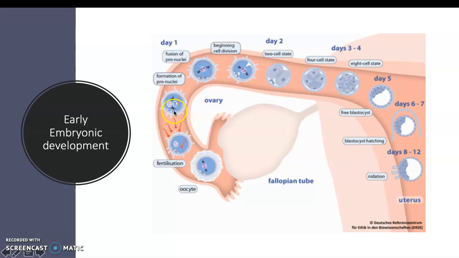Once fertilized, there will be the formation of pronuclei, but really this is when the division starts. From day 1 to day 4, there are multiple divisions until it leads to a morula around day 4. That's about a 16 cell state.